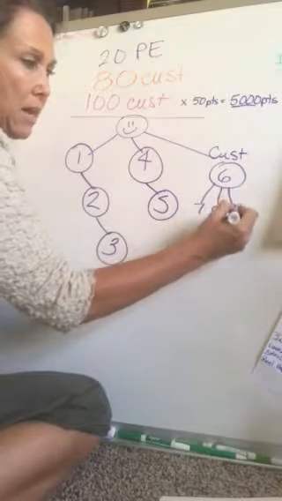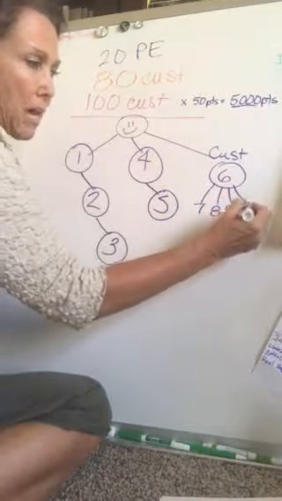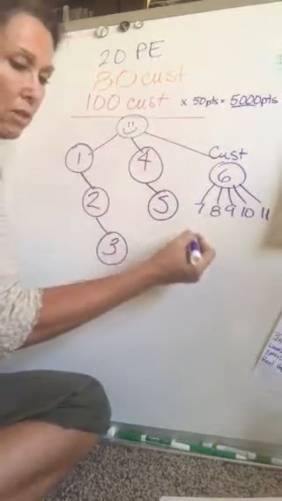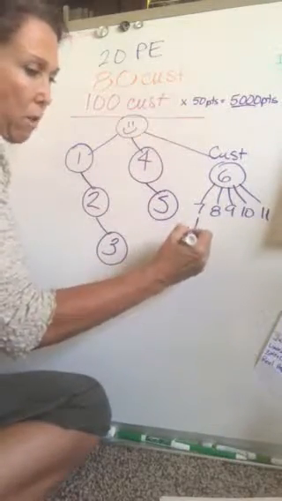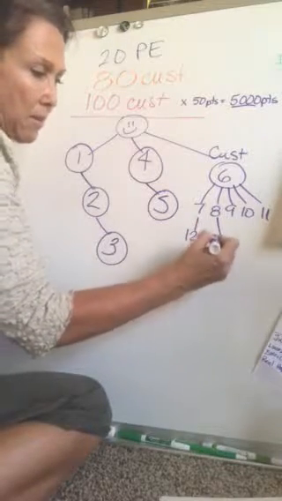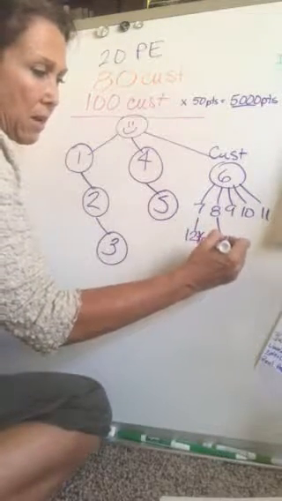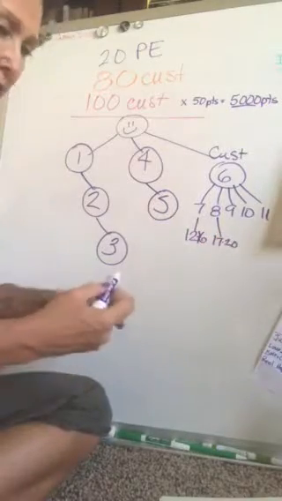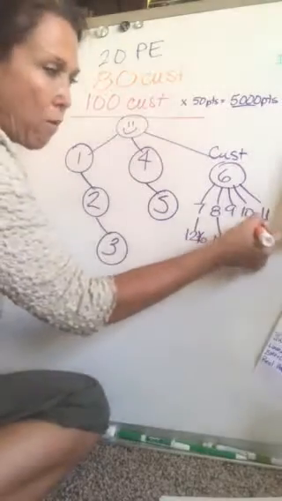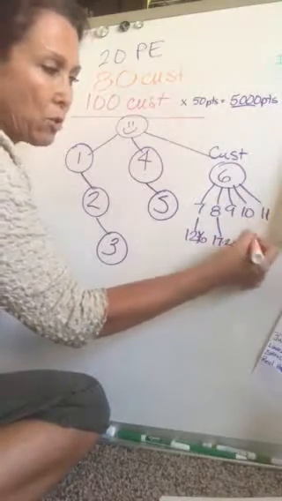So customer 8, customer 9, customer 10, customer 11. And since you have 20 customers, we're just going to say that 12 through 16 is here, and 17 through 20 is here. And let's just say, for the sake of simplicity once again, that this guy over here introduced 5 people.